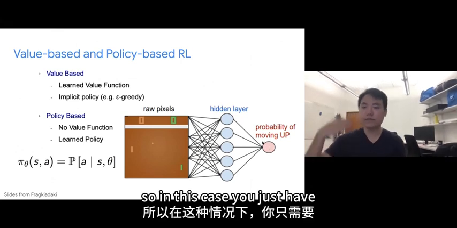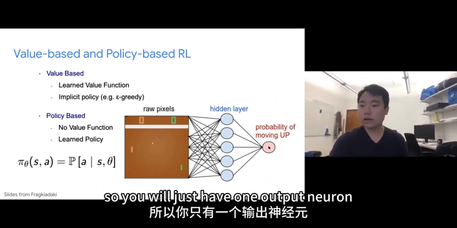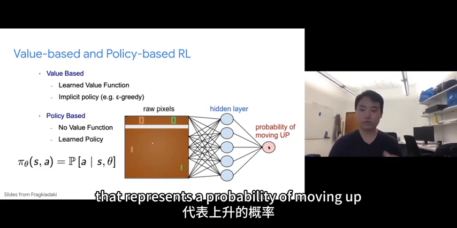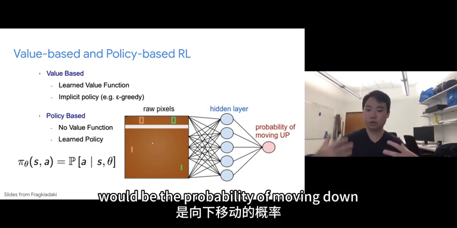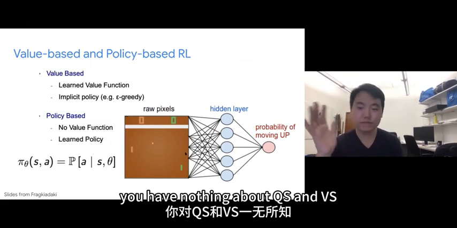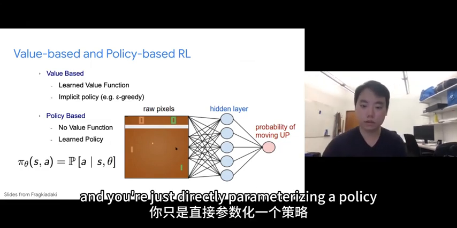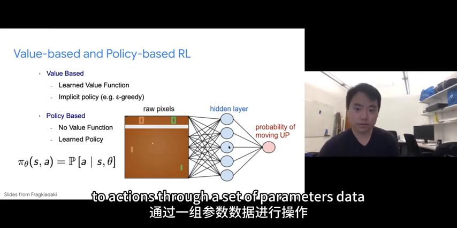So in this case, you just have this paddle moving up and down. So you will just have one output neuron that represents the probability of moving up, and 1 minus the value of that neuron would be the probability of moving down. So you see, in this case, you have nothing about Q's and V's, and you're just directly parameterizing a policy from states to actions through a set of parameters theta.